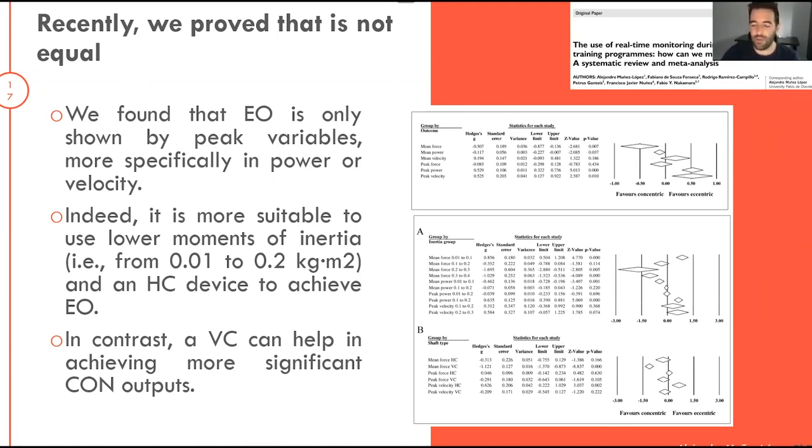But anyway, if we use the term eccentric overload, it is shown that it's more suitable to use lower moments of inertia and a horizontal cylinder compared to a vertical cone to achieve the eccentric overload. In contrast, vertical cones can help on achieving significantly higher concentric outputs, which at the end is also very important for sports performance.